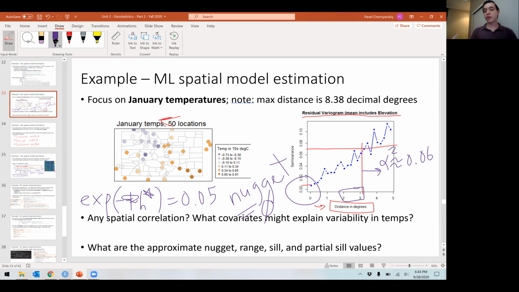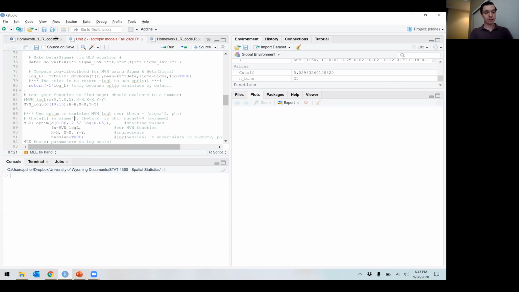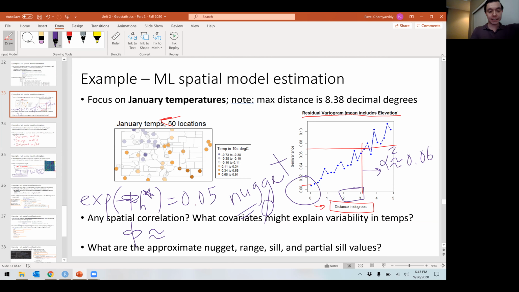If I think that my effective range is somewhere between 2 and 3, then a reasonable initial value for phi is going to be 2.5 over negative log 0.05, right?